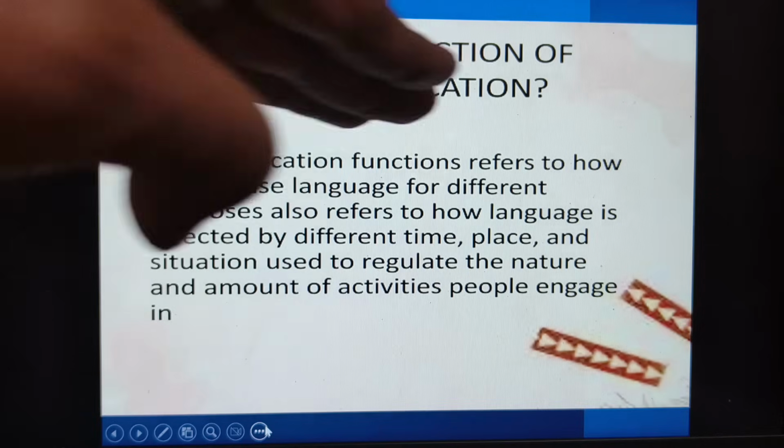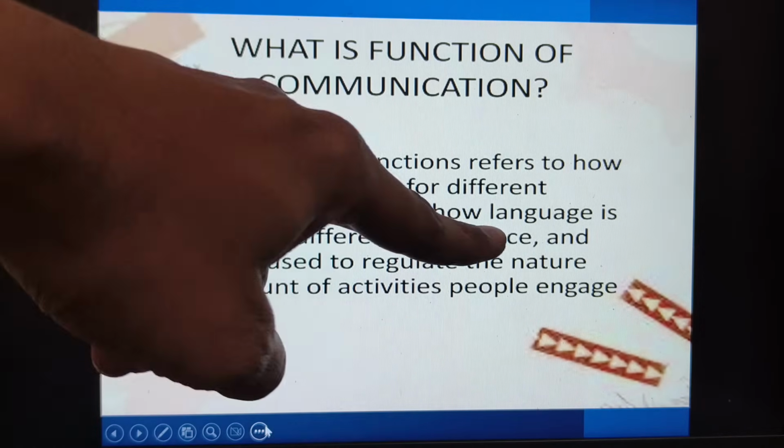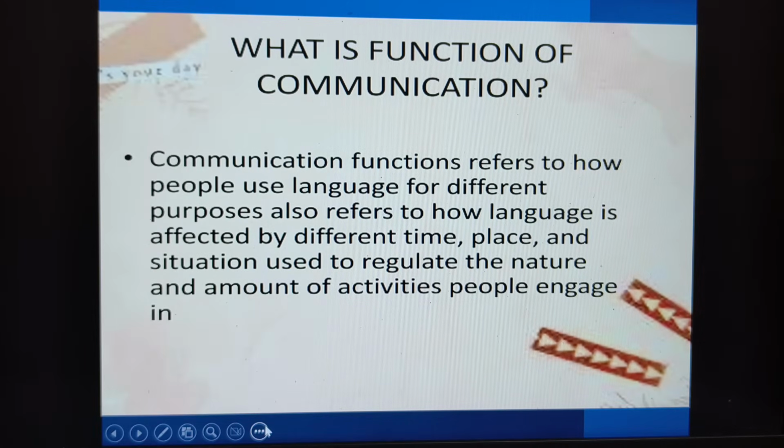So here the language and the communication differ according to time, place and situation, and they also differ according to the activities that people generally do.